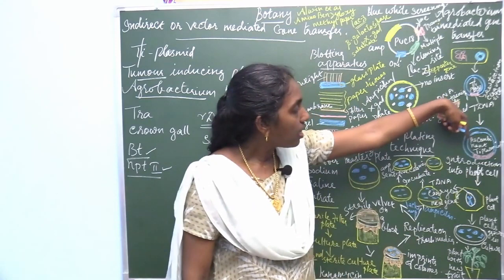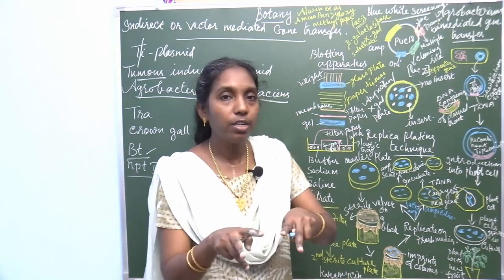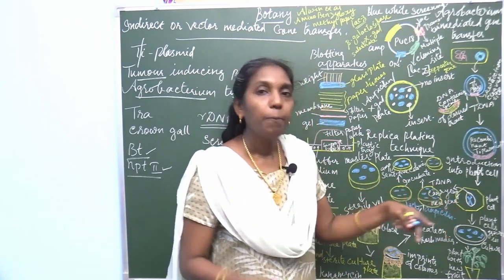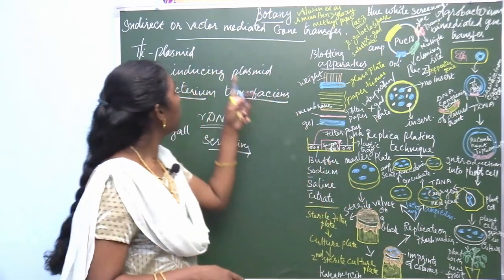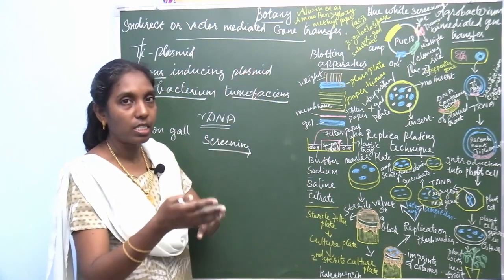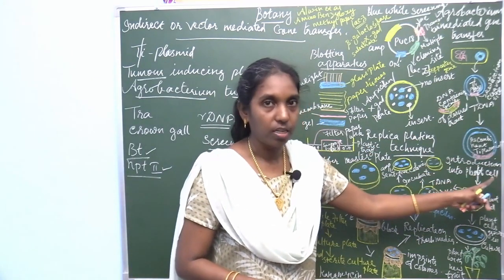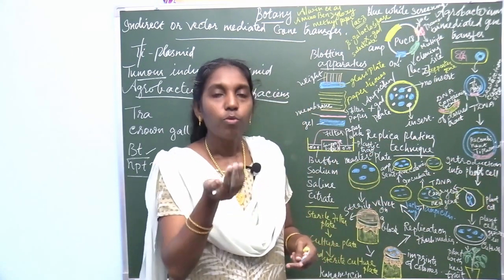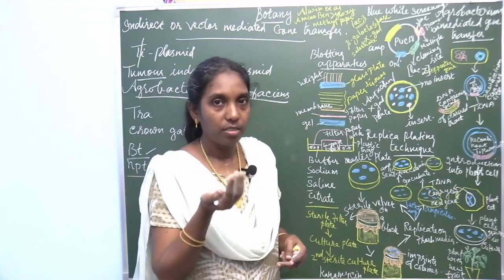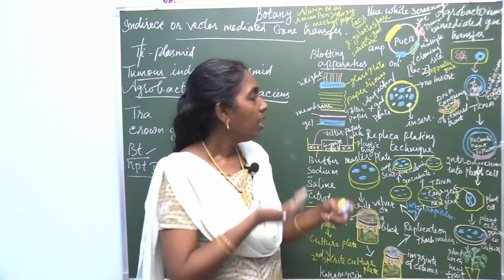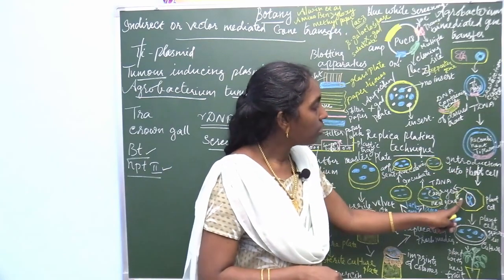So, now this Ti plasmid is introduced into the plant cell. Here the method is vector mediated gene transfer. This plasmid acts as a vector, or cloning vehicle, which carries the recombinant gene, the recombinant DNA, and introduces it into the plant cell.